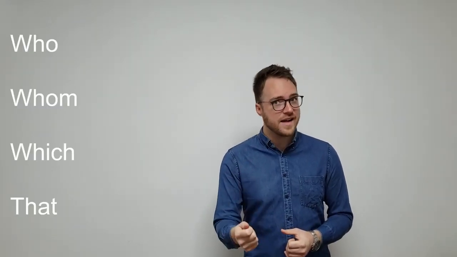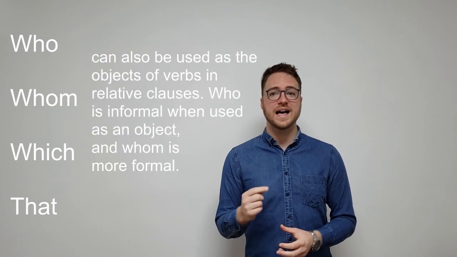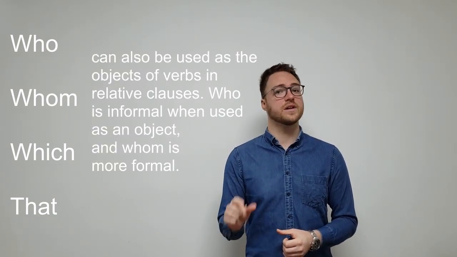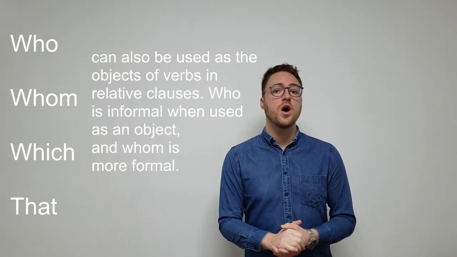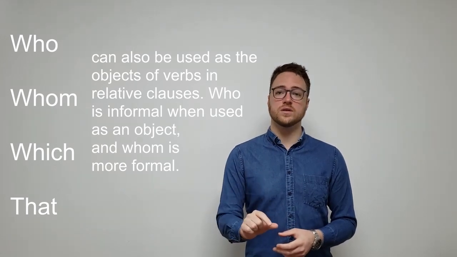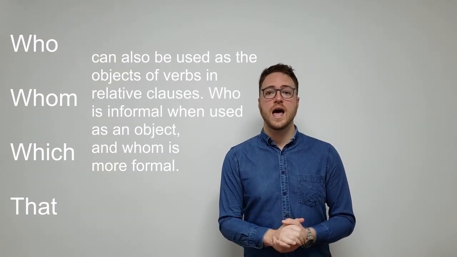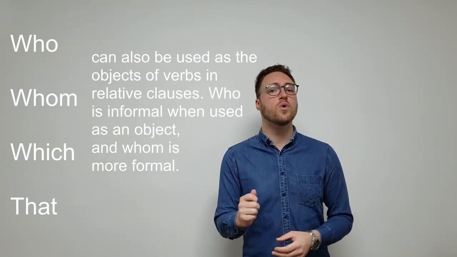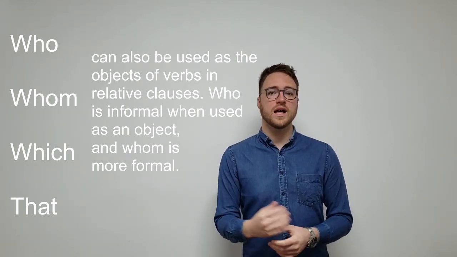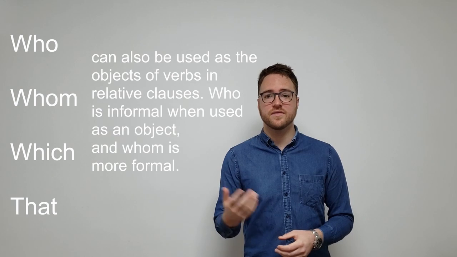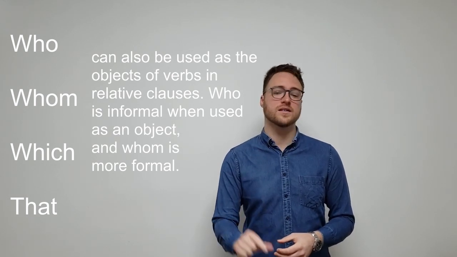Who, whom, which, and that can also be used as the objects of verbs in relative clauses. Who is informal when used as an object, and whom is more formal. Let's look at some examples of these words as the objects of verbs.